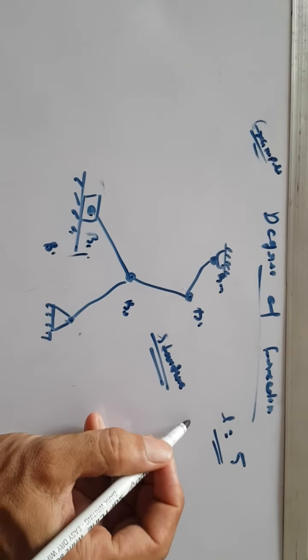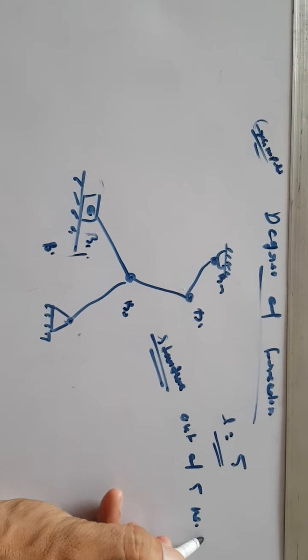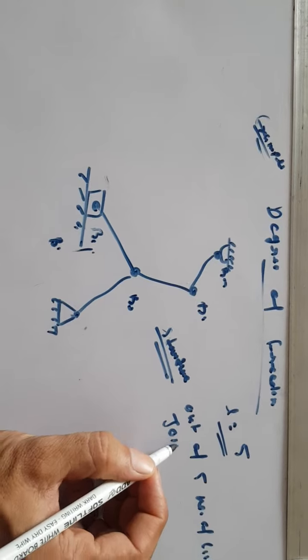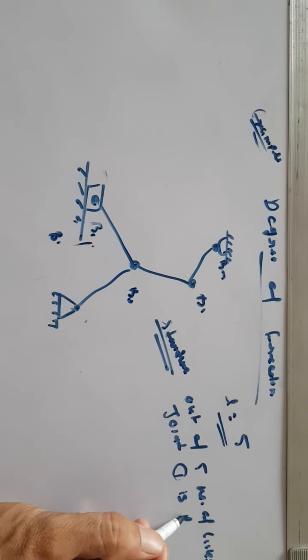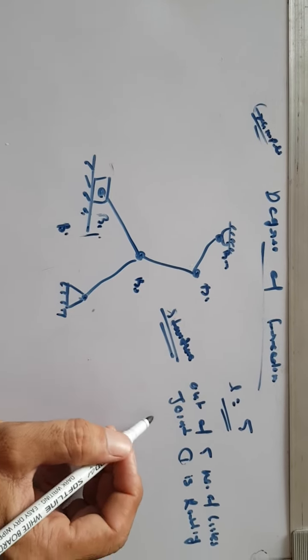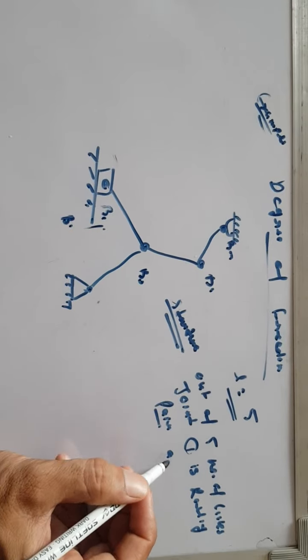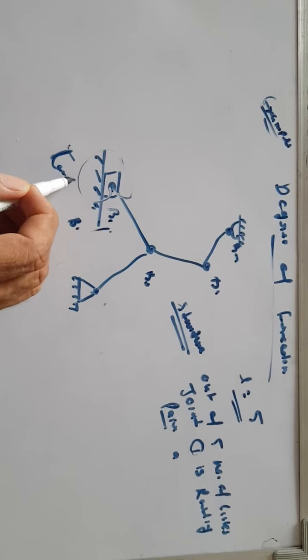and out of the 5 links or joints, one is a rolling pair. This is a rolling pair.